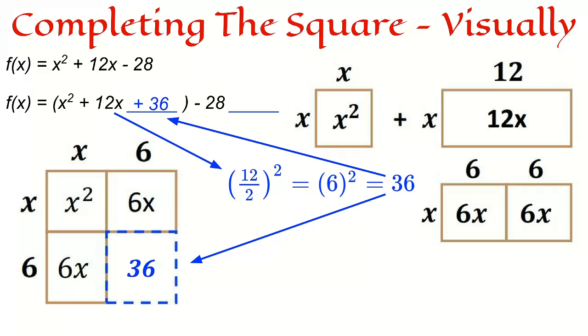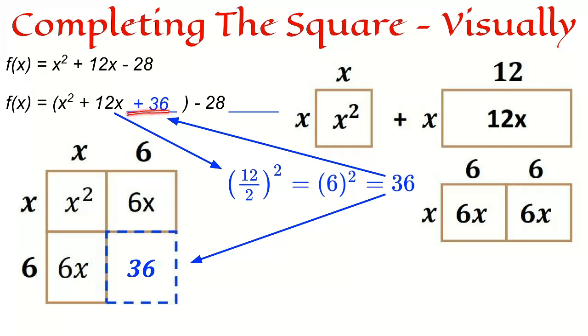But if we just added 36, then we've changed our equation. And we can't change the equation, we're just putting it in different clothes. We're making it look different. So instead of changing the equation, we need to keep it balanced.